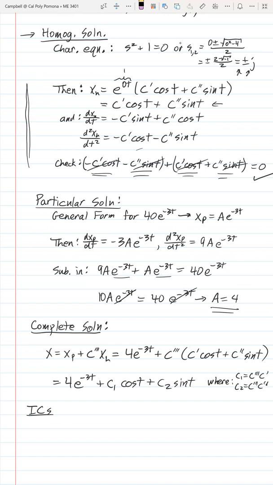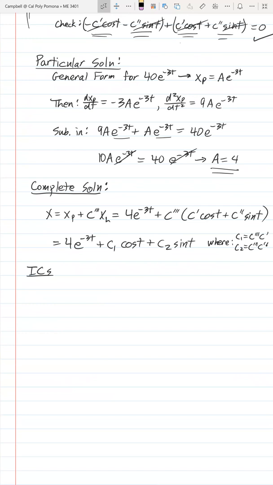Let's just go ahead and find the constants when we're working with the homogeneous solution by itself. Understand you cannot do that. You will end up with wrong results because remember, the initial conditions must work with the overall solution. So even though we're finding these arbitrary constants associated with the homogeneous solution, the overall solution must yield the initial conditions, not just the homogeneous solution. So we have to use the total solution.